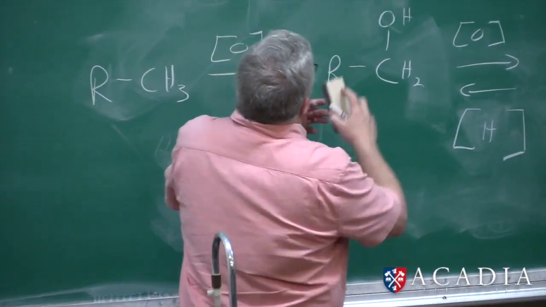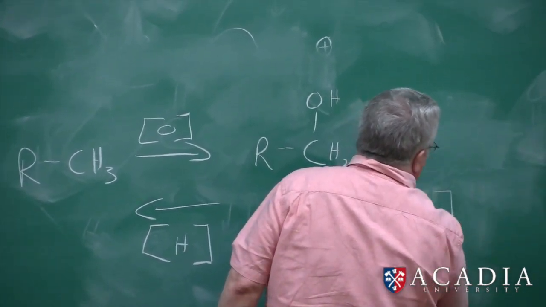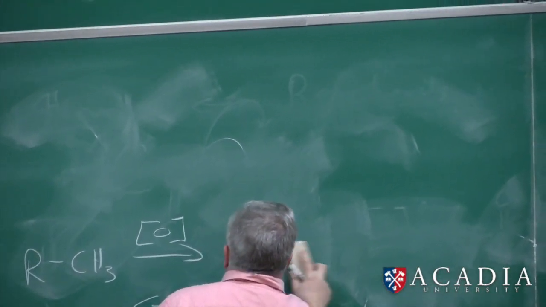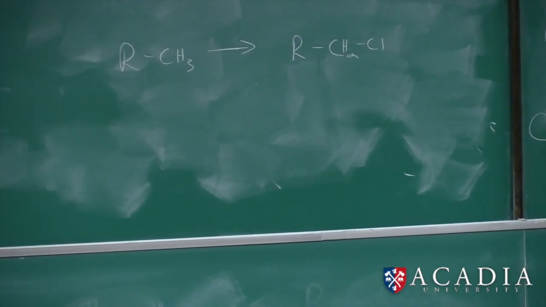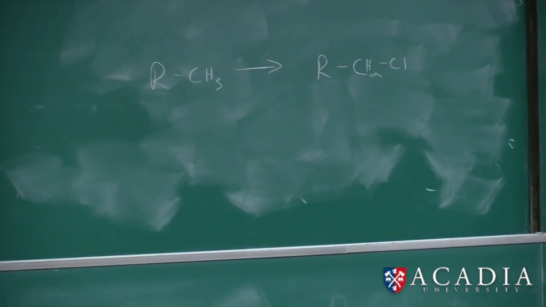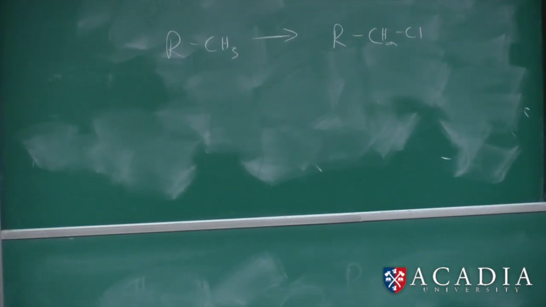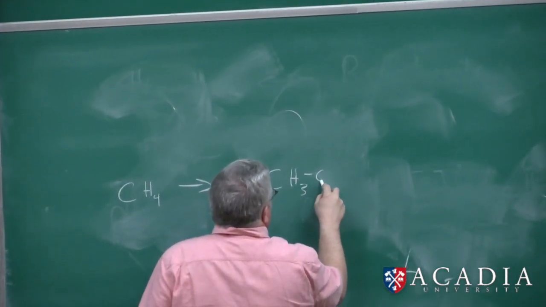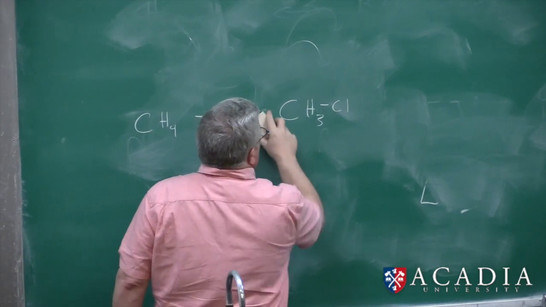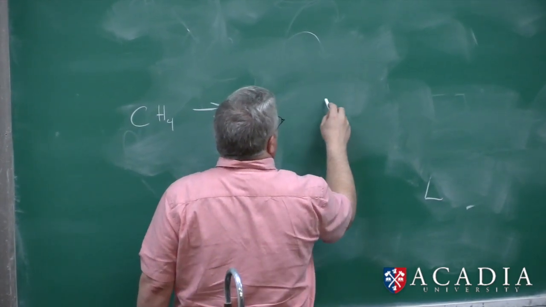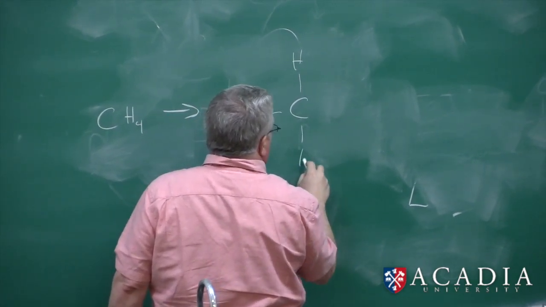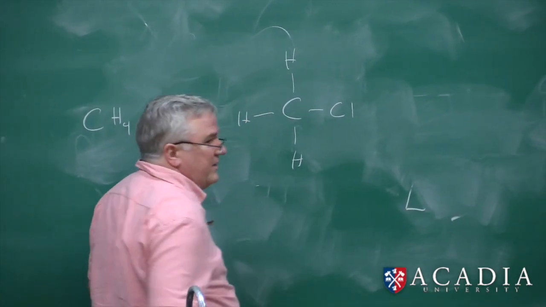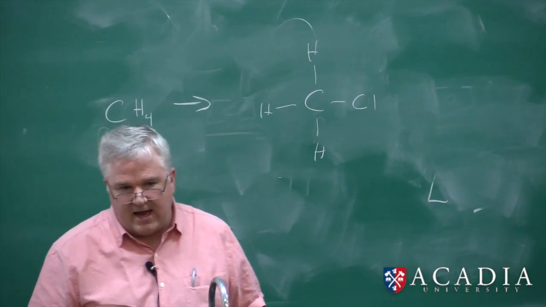What about our compound up there? How do we figure out? So I said CH4 to give me CH3Cl. Let's draw it like this. What would the oxidation number for that carbon be?